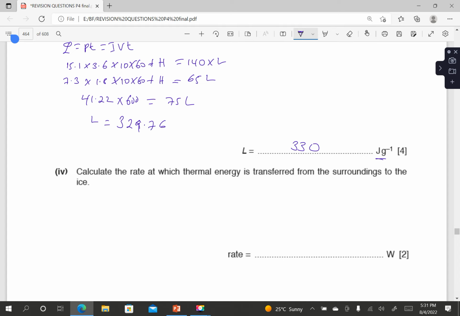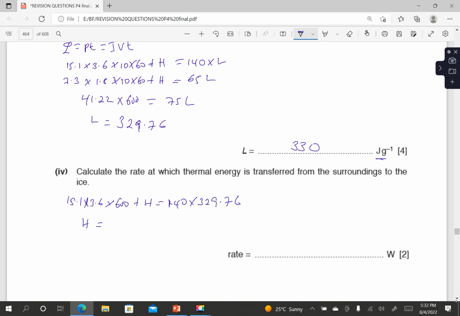So I must find H somehow. So using one of the equations, I'll say 15.1 times 3.6 times 600 plus H is equal to 140 times 329.76.